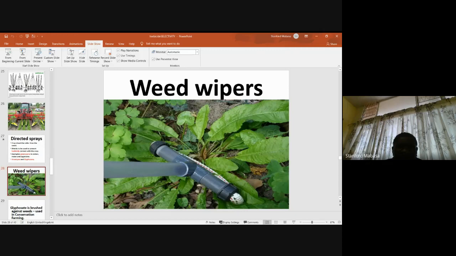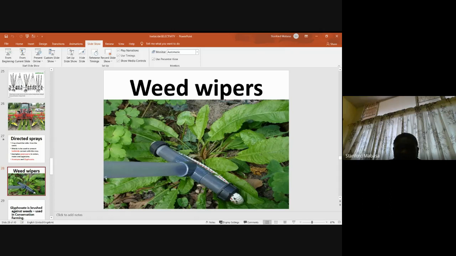We can also use what are known as weed wipers. Now, a weed wiper is just a pipe with a T-shaped end, and inside that pipe you have a piece of cloth or a wick.